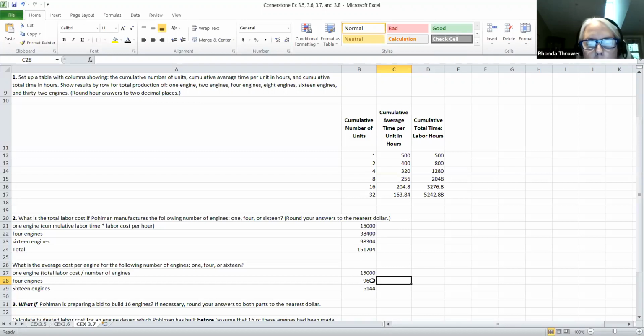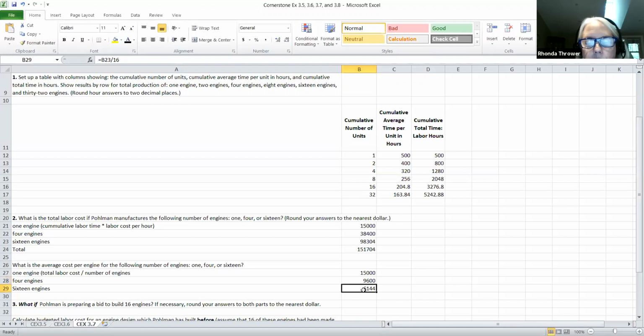In the second part of this, it was for 4 engines. So the cost of 4 engines was $38,400. 38,400 divided by 4 gives you 9,600 as the average cost per engine if you produce 4 engines.